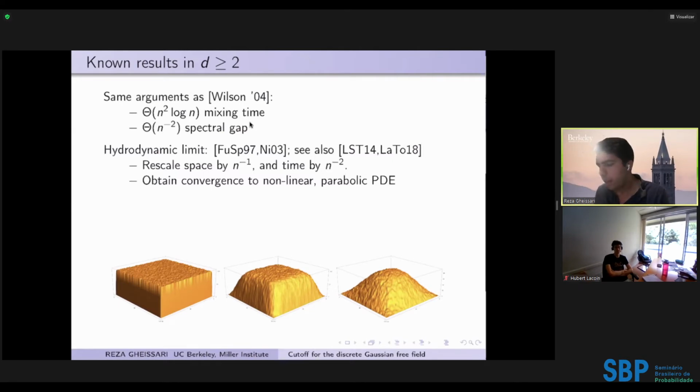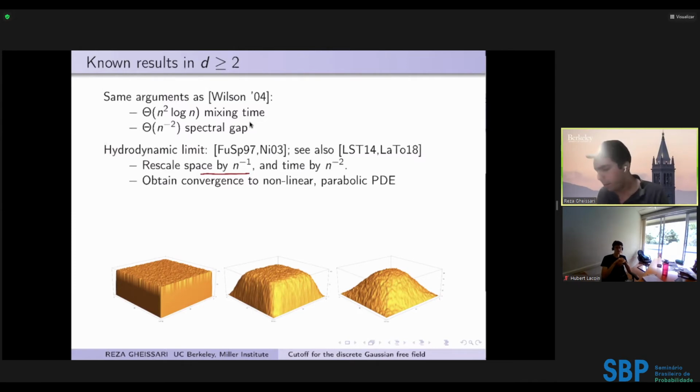exact constant. And another thing that has been shown for this dynamics is, at least if you look at a suitably renormalized version of it, so if I scale space by n inverse, which is the macroscopic scaling, and time by order n squared, and that's the scaling at which I look, I get a convergence to a nonlinear, deterministic PDE, which is known as the mean curvature flow.